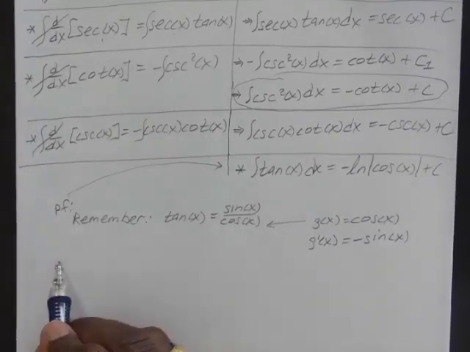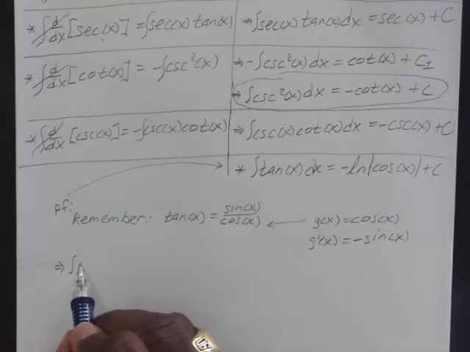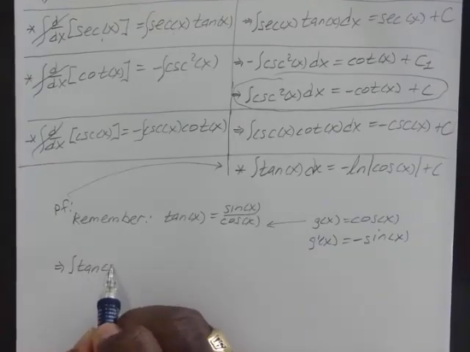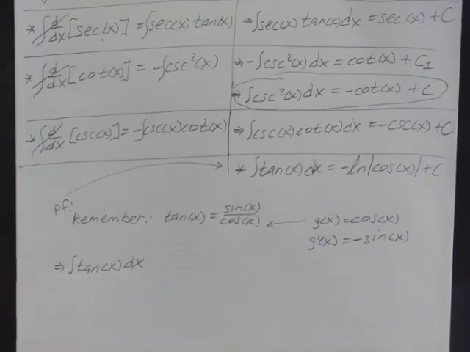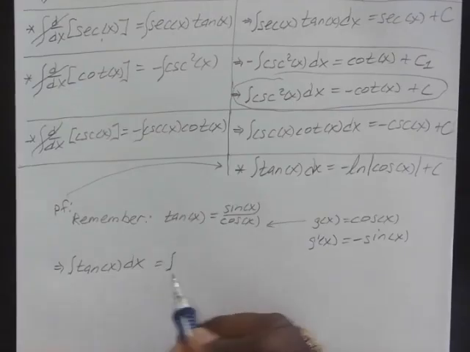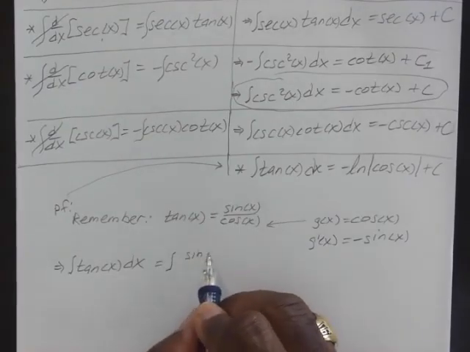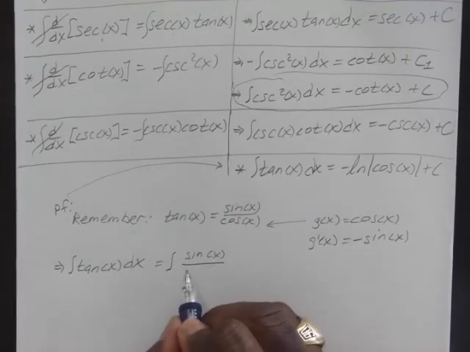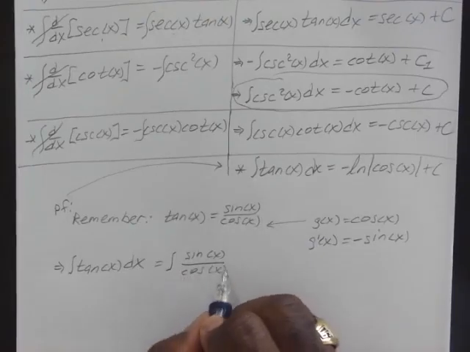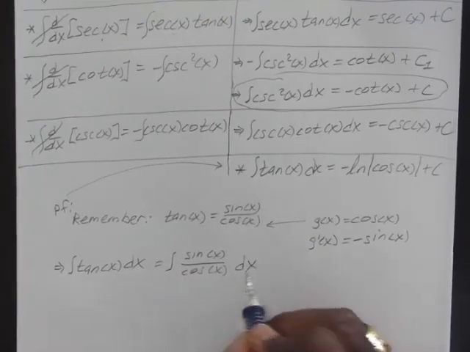So we're looking for the antiderivative of tangent of x with respect to x. We can just rewrite that as the antiderivative of sine of x divided by cosine of x with respect to x.